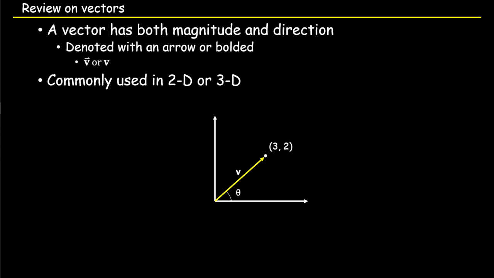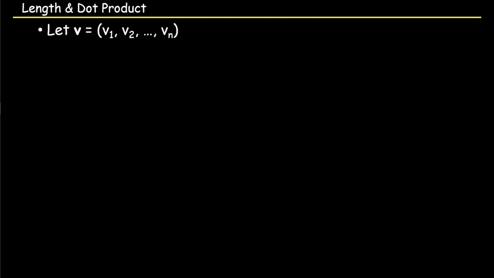Now we're going to talk about the length, which is the magnitude. First, we're going to have to define a vector. We're going to let vector v be (v1, v2, all the way to vn).